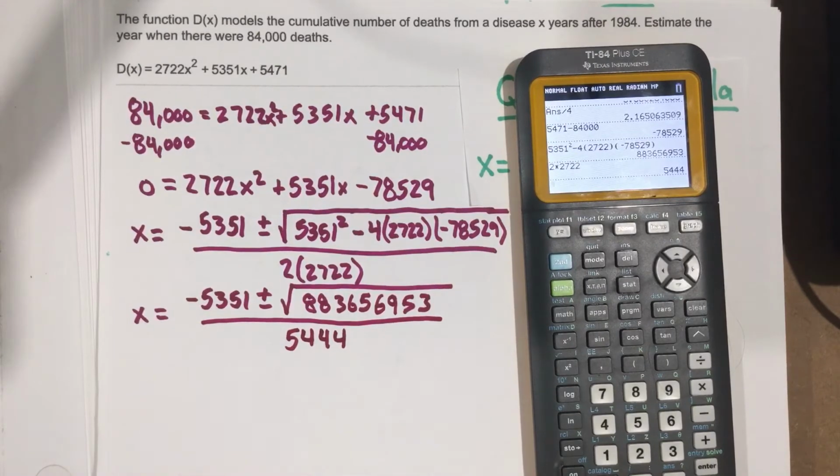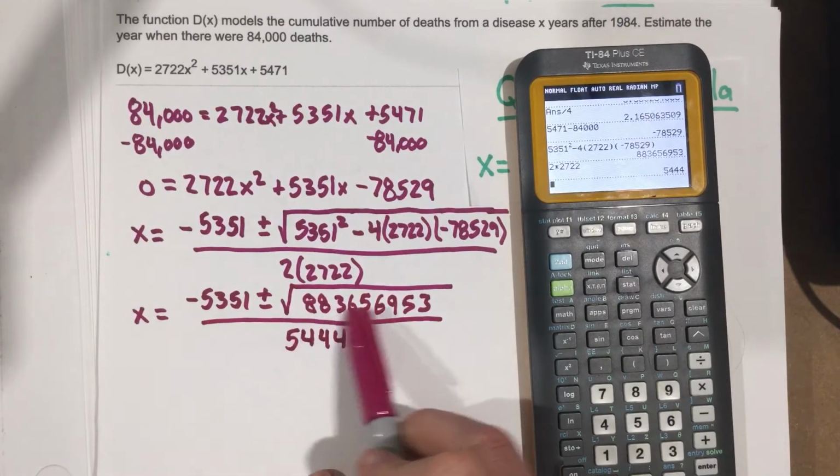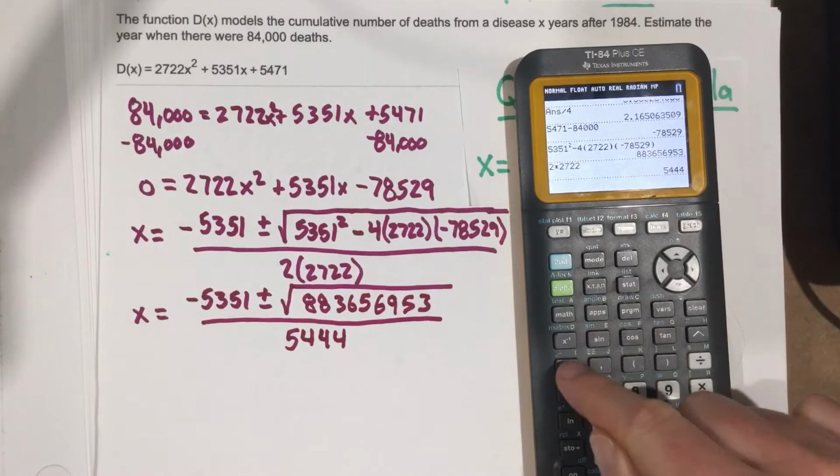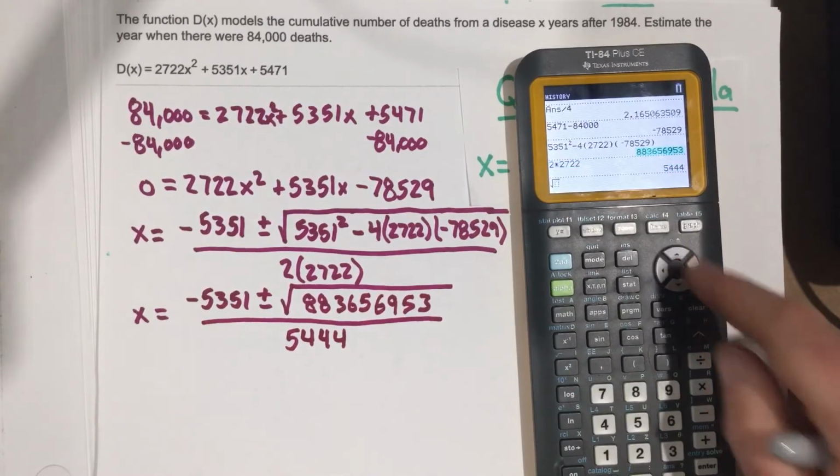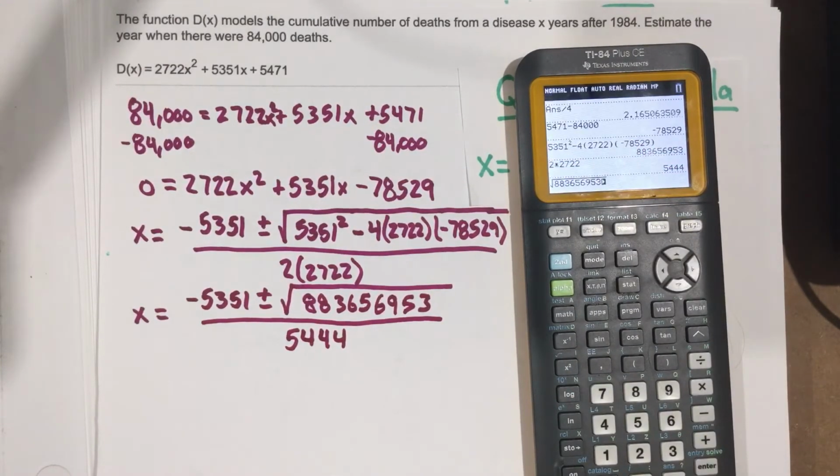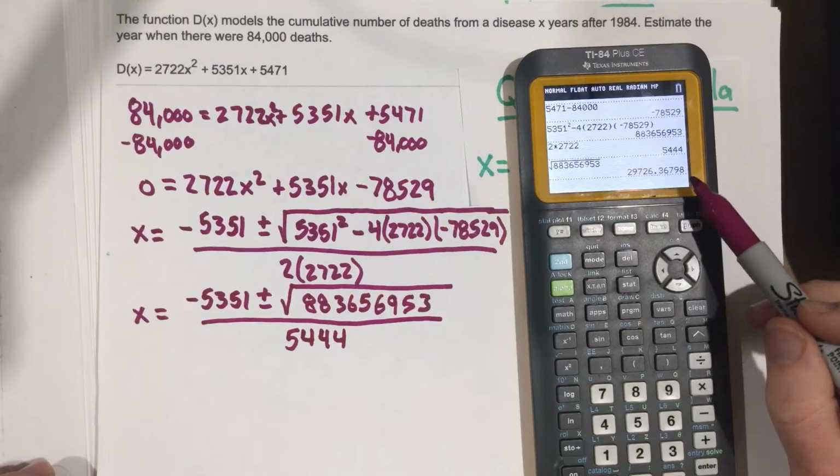Okay. Now, I'm going to do the square root of this number up here. So I do second square root. Hopefully it comes out even. I know these problems like to do that. And it comes out to be 29,726.3. Probably want to go and round it to 3 decimal places.